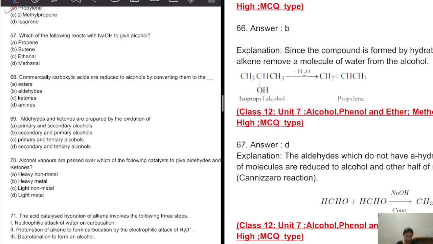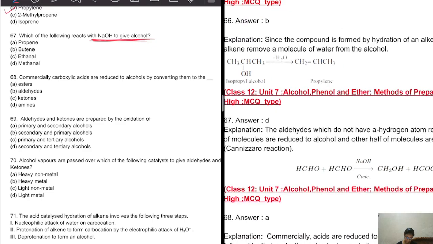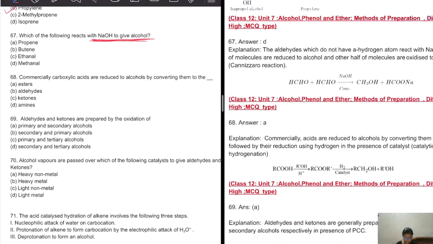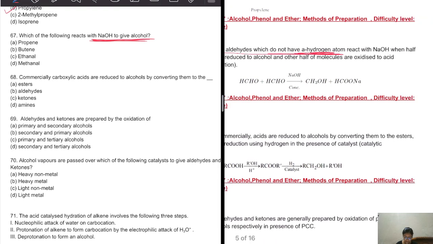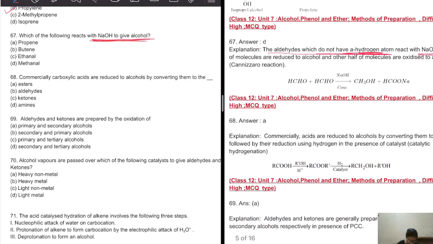Which of the following reacts with NaOH to give alcohol? Let's see. The aldehydes that do not have an alpha hydrogen atom will react with NaOH. This is a very famous reaction, the Cannizzaro reaction, in which one product is alcohol and the other product is a carboxylic acid salt that we can then convert to carboxylic acid.